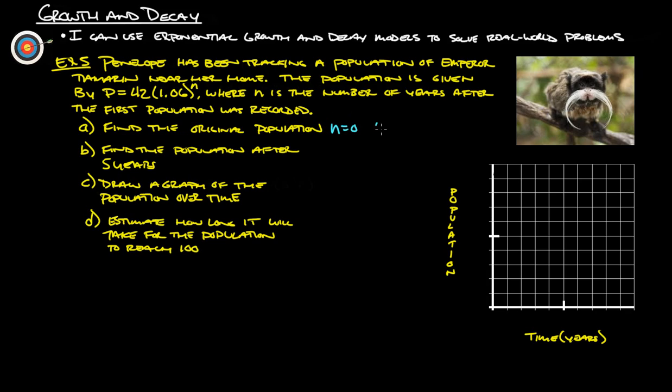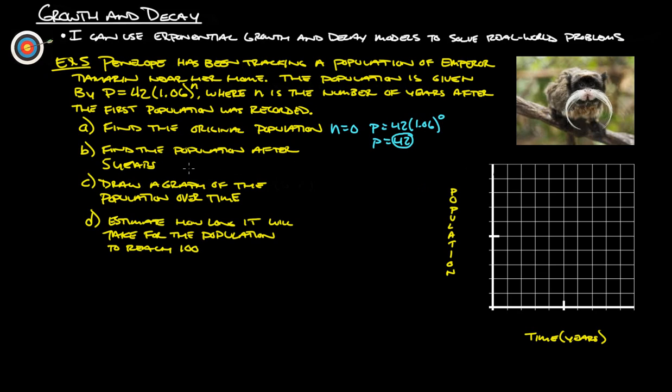So we could even do our whole equation here. Population equals 42 times 1.06, and n is 0, so that's to the 0 power. So that turns into 1. So that means our original population is simply 42.